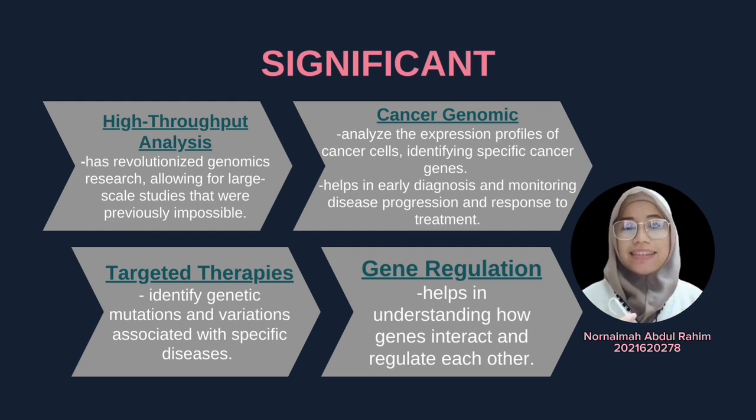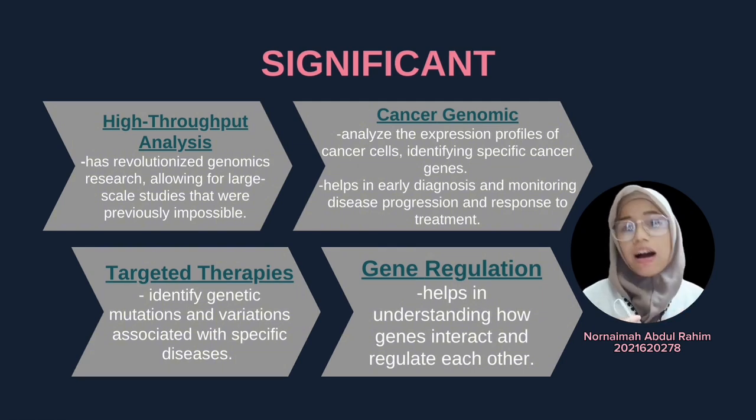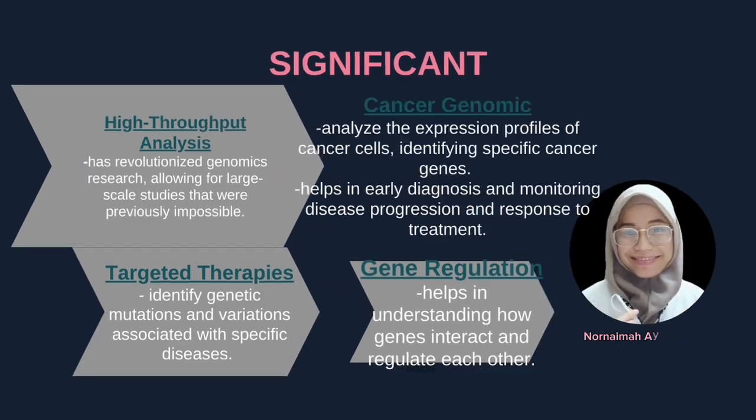The third one is targeted therapies. DNA microarrays identify genetic mutations and variations associated with specific diseases. And the last one is gene regulation, by helping in understanding how genes interact and regulate each other.